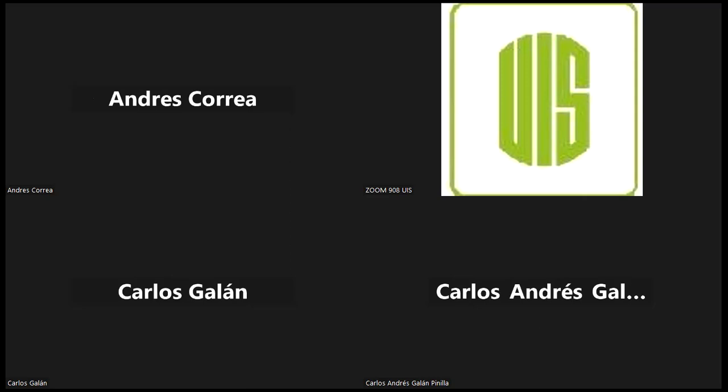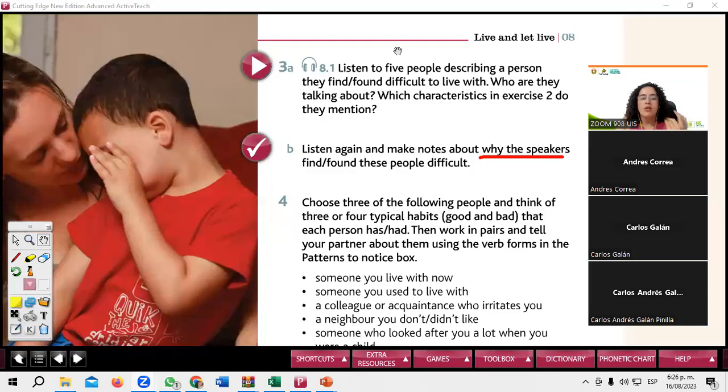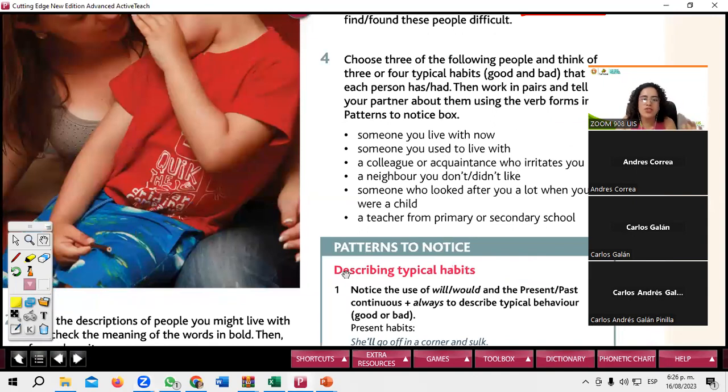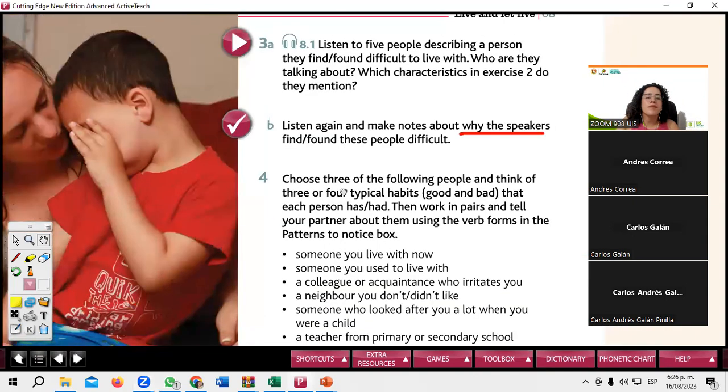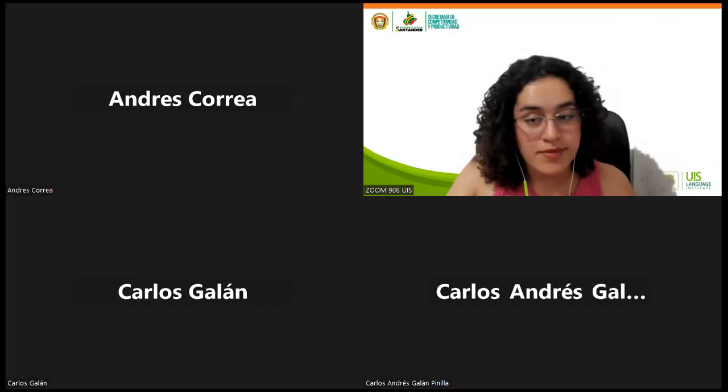Teacher, in the script appear the letter B. This is for the activity or the letter A? Okay, it's both. You have to answer who was the person, some characteristics and a short explanation why. It's both.